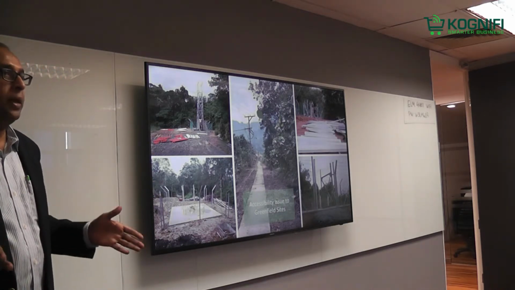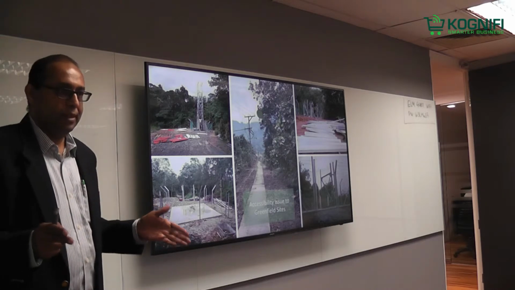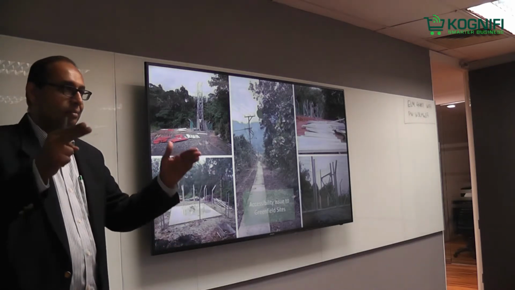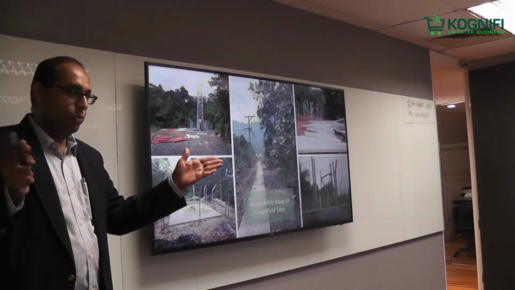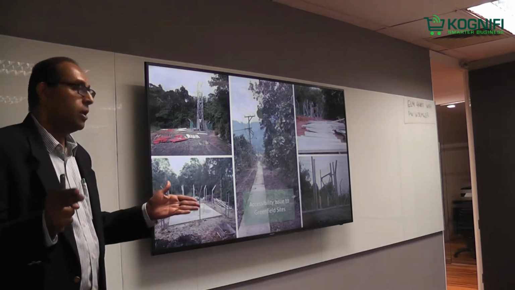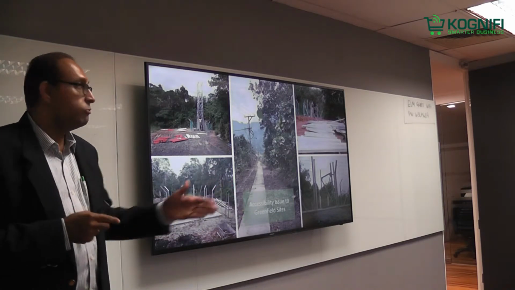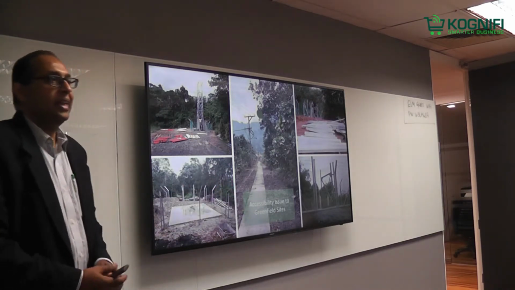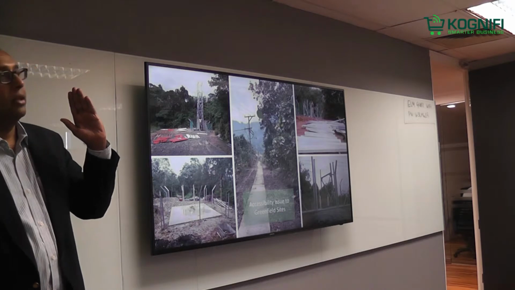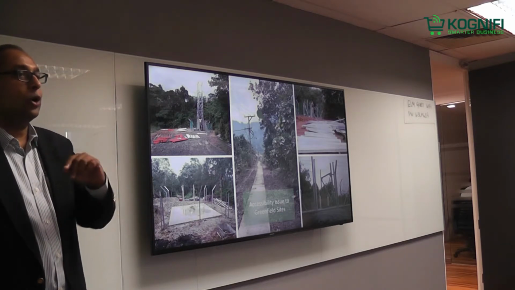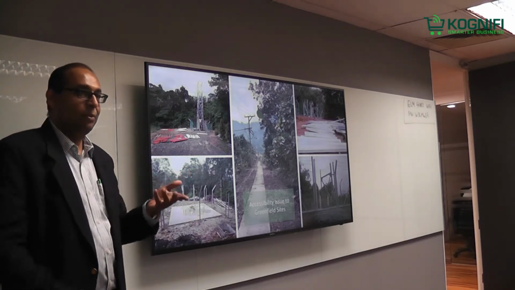So, in order to identify the site location, one of the work packages, or one of the WBS, the first WBS is site acquisition. That's the first step in any construction or whatever work. In order to identify a site suitable for a telco tower, it needs to have a line of sight to a collector site. You're familiar with that, right?